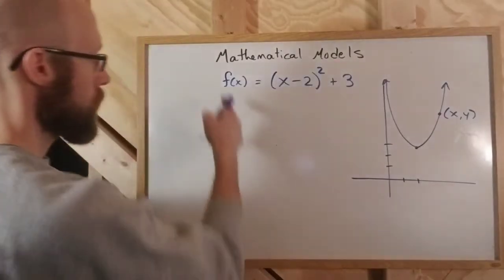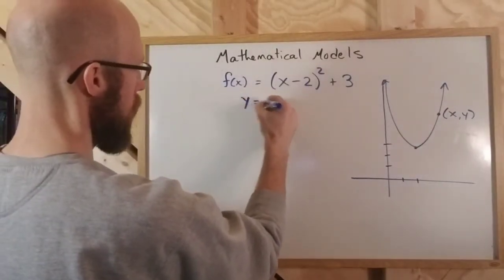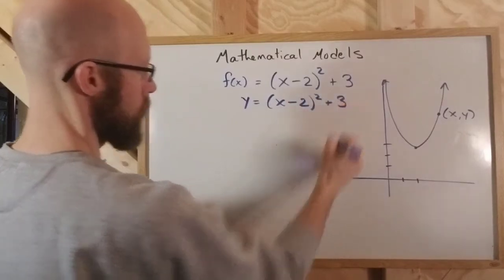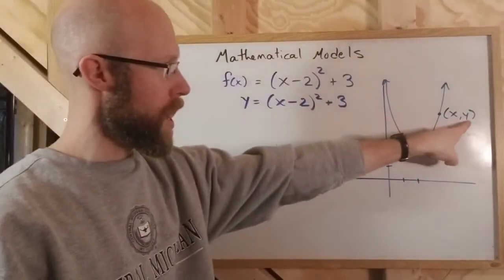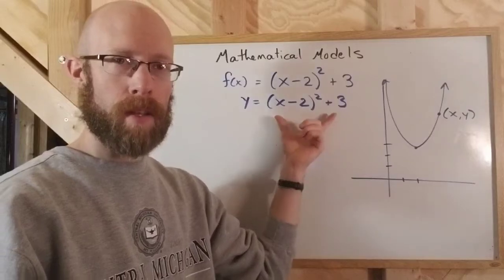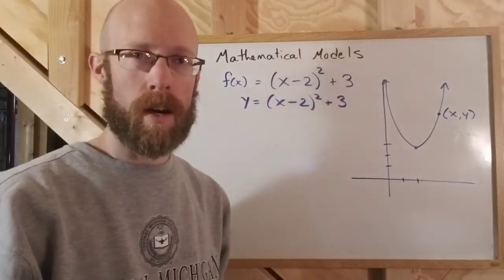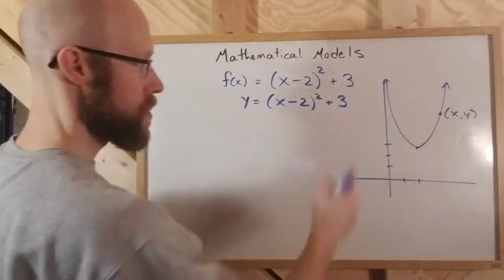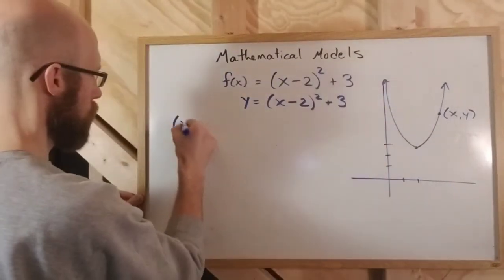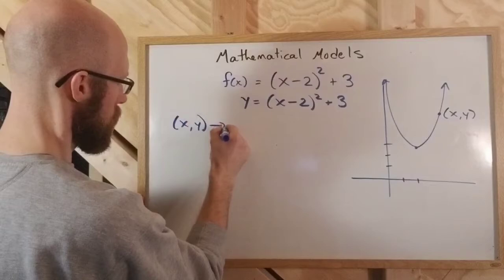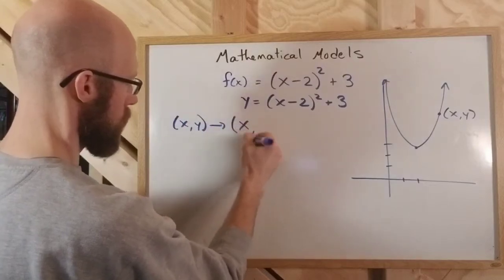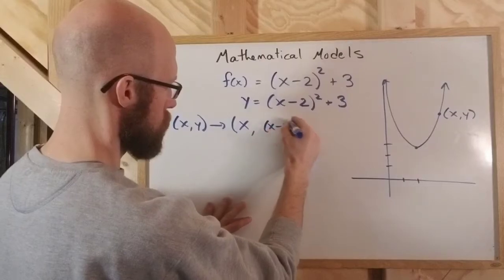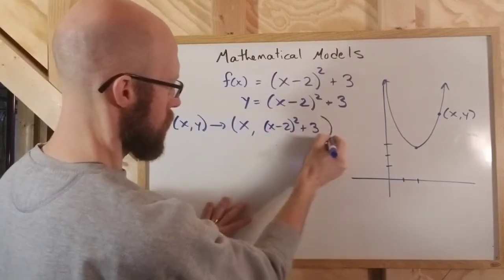Well, I think of this function in terms of y, and then I replace the y with the equivalent expression with x in it. Okay, so that point, instead of being (x, y), it's actually going to be written as x comma that whole thing, (x minus 2) squared plus 3.